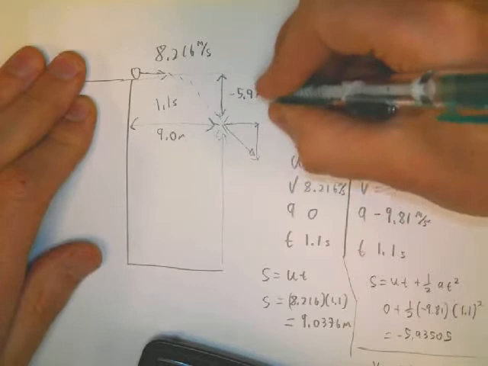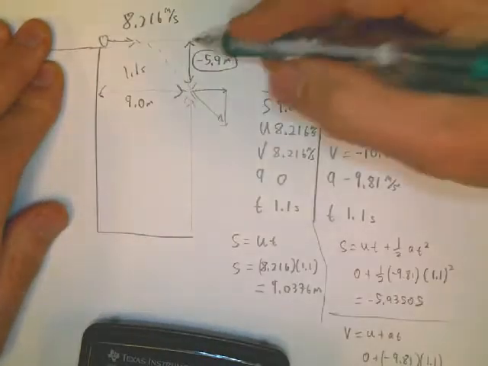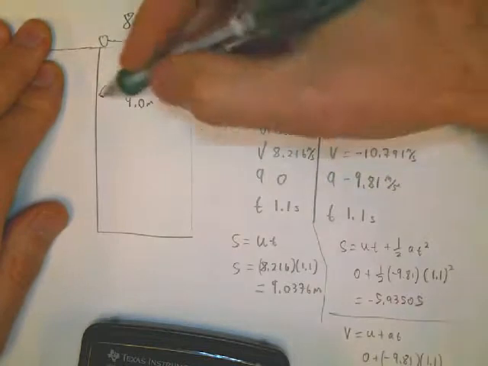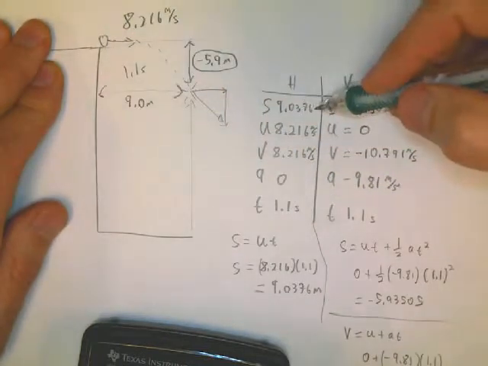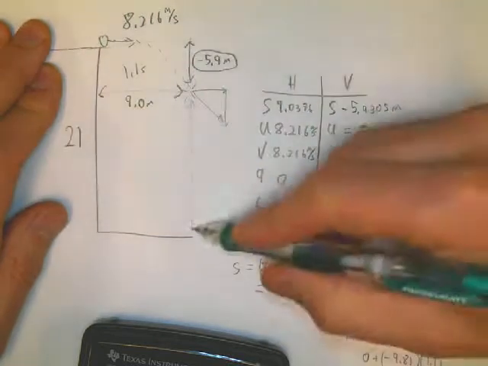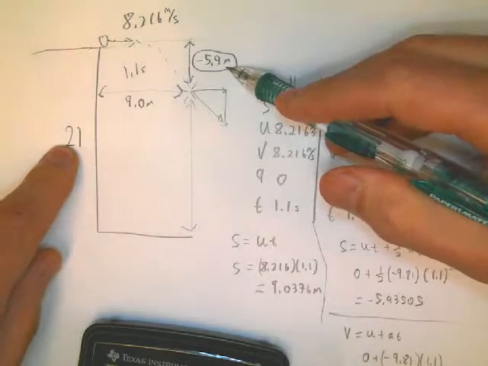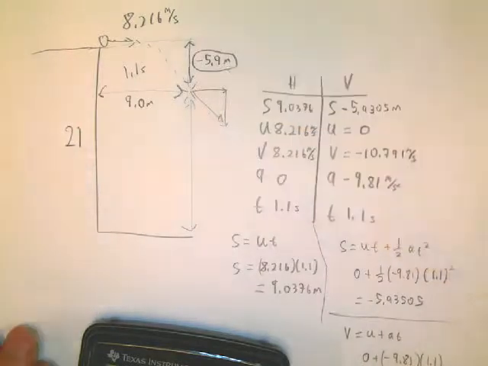Here is our vertical displacement, so from the top down 5.9, over 9.0 meters, right? Since we know the cliff is 21 meters tall, we could also figure out the height of it. It would just be 21 minus 5.9, right? And then we also know the velocity of this thing.